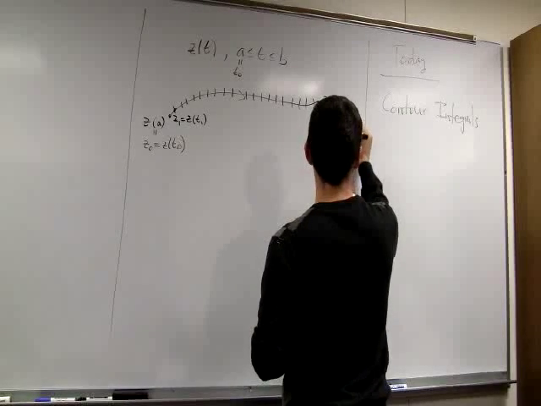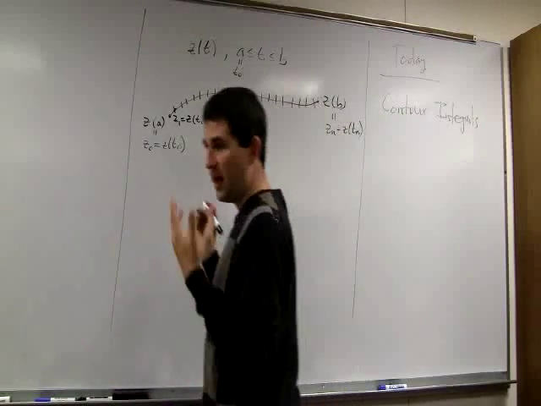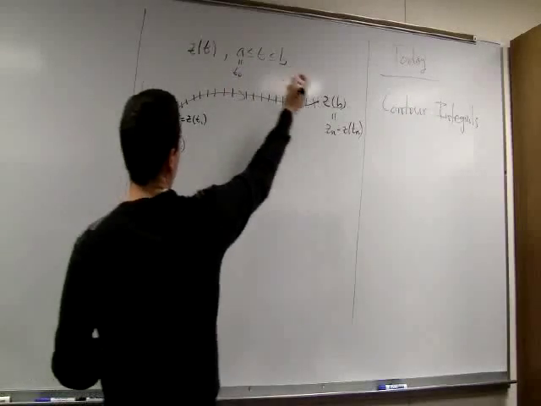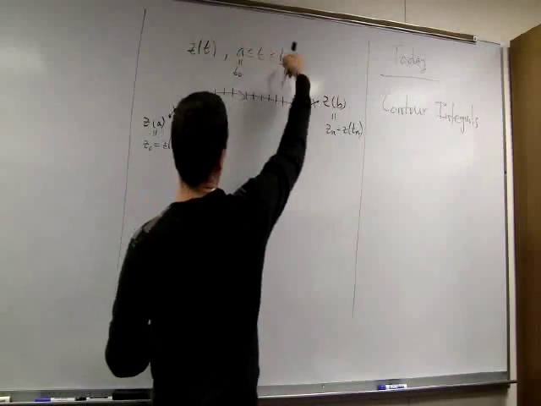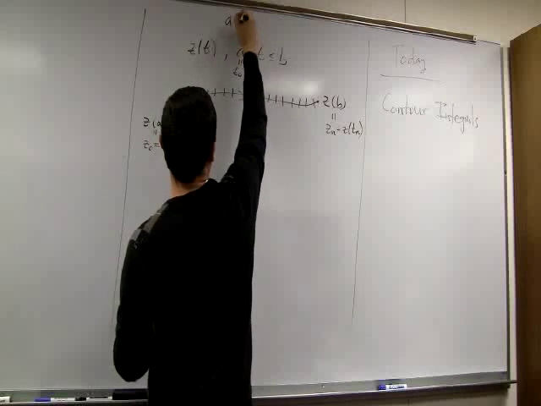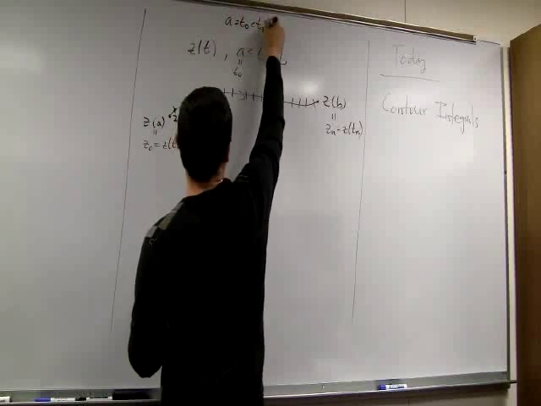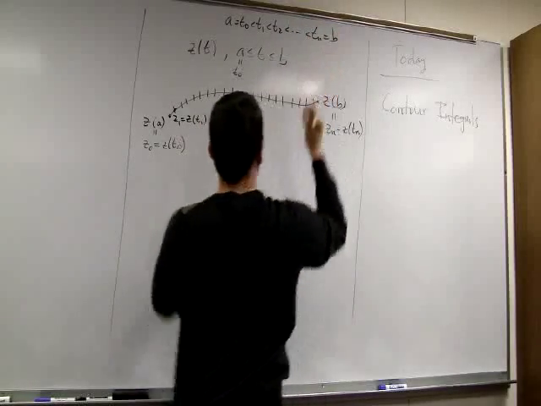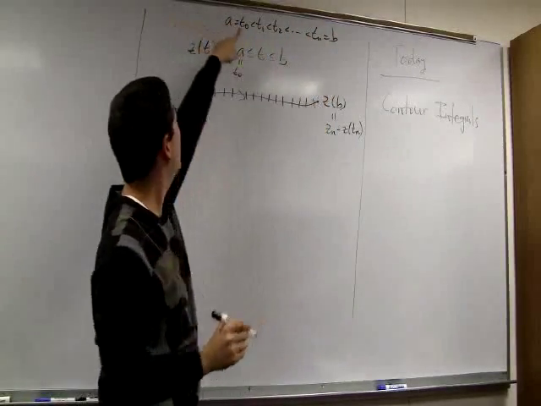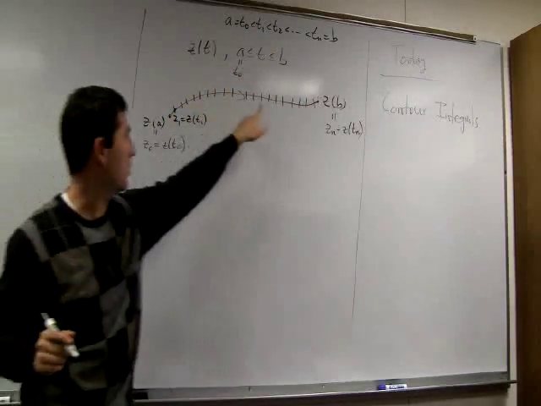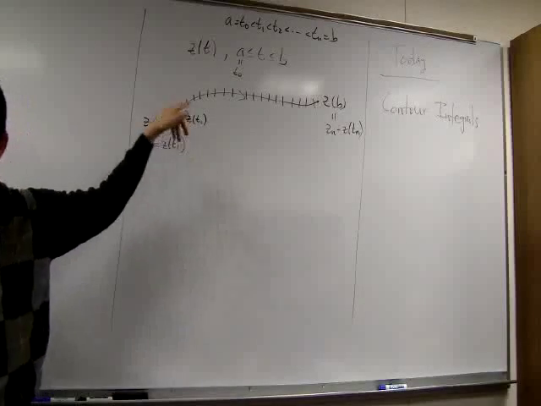And when I write that, I really mean z of tn. So I'm partitioning time up. I can write this: t0 less than t1 less than t2 less than and so on up to tn equals b. So I'm just partitioning the interval a to b up, and then I map that partition onto this curve by applying the function z.